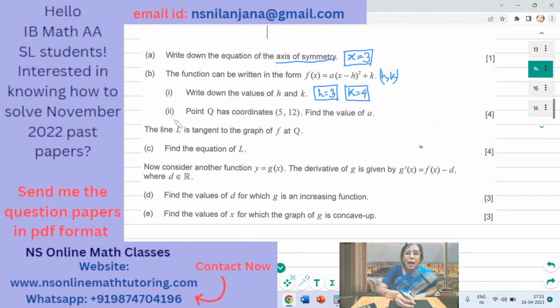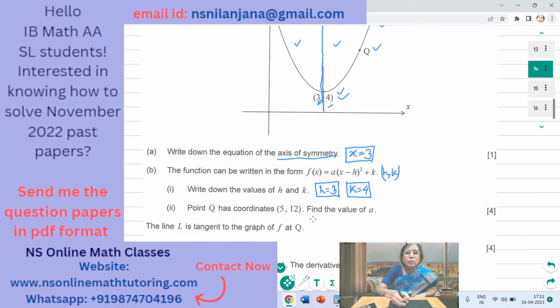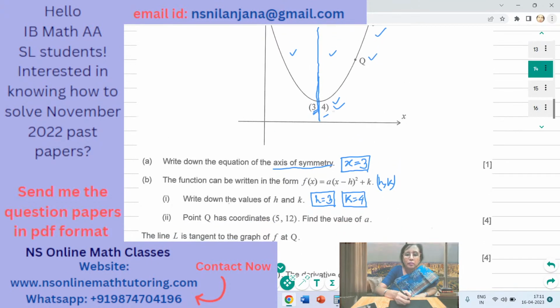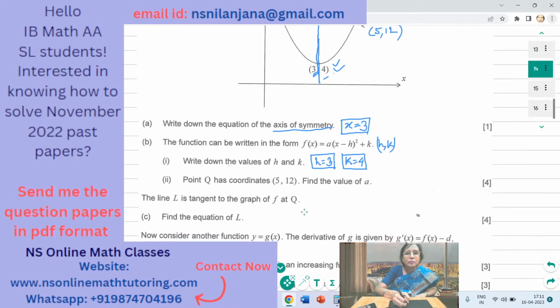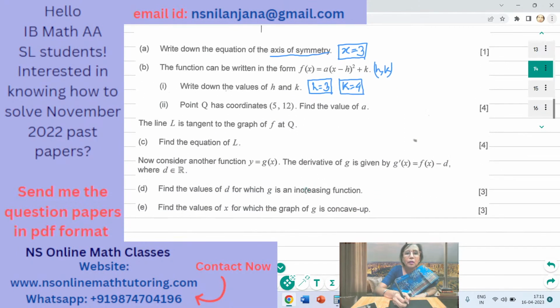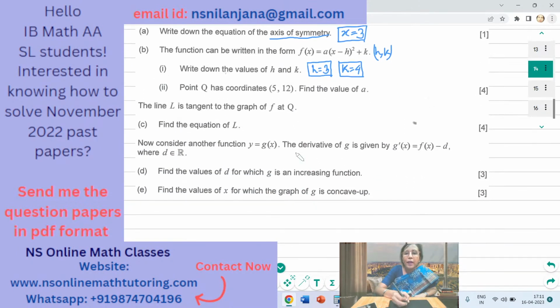Now coming to subpart ii of part B, it says point Q has coordinates (5, 12). This is the point Q, and it has the coordinates (5, 12). Find the value of a. We know h, we know k, we have to find a.